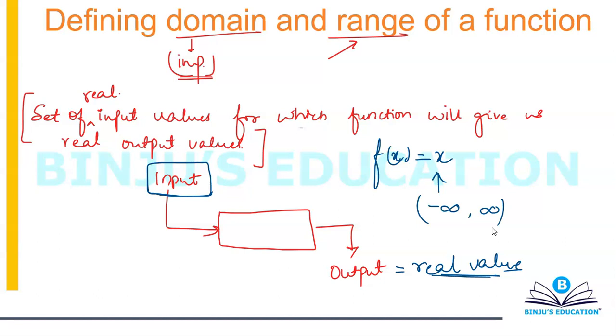Put any value of x. You can even put a decimal like 0.00001, -0.00001, and so on. Replace x by any real value, and you will always get a real value of f(x), a real output value.